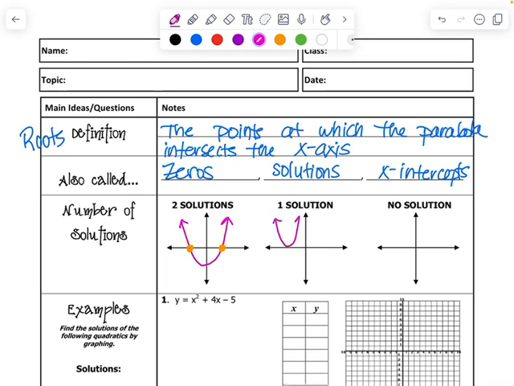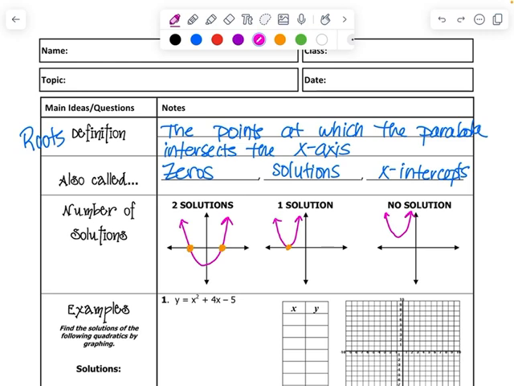Whether it's opening up or down, this means that our vertex is on the x-axis. It's hitting the x-axis and then turning away. What about no solution? That means we're not crossing the x-axis. So whether our parabola opens up and is above the x-axis, or it opens down and it's below the x-axis, we are not intersecting the x-axis.